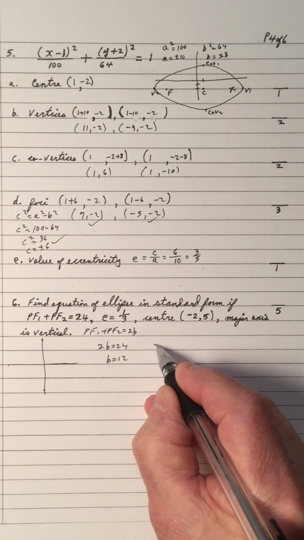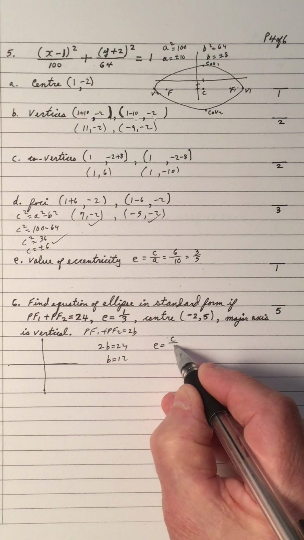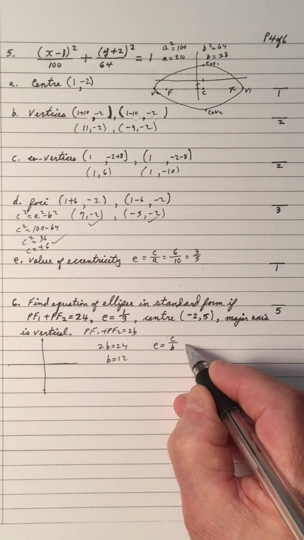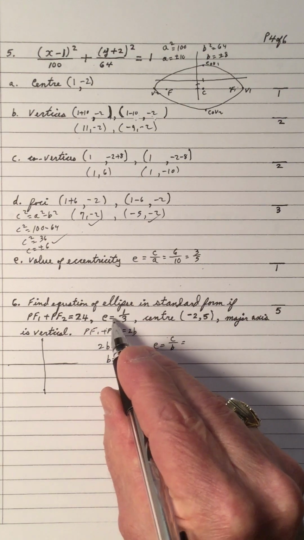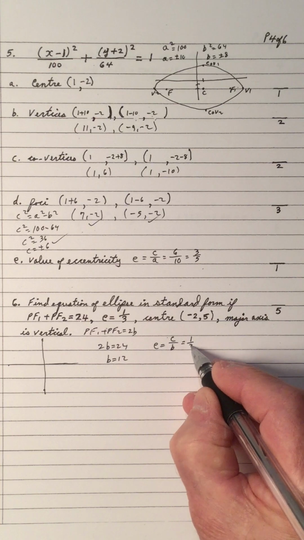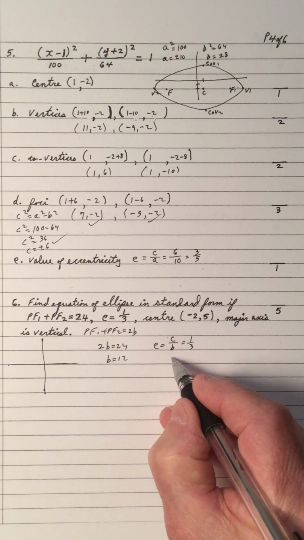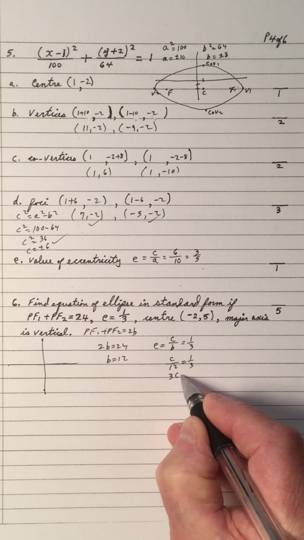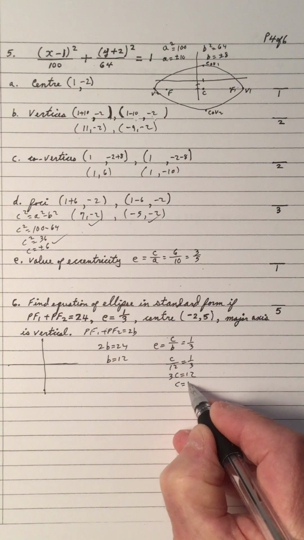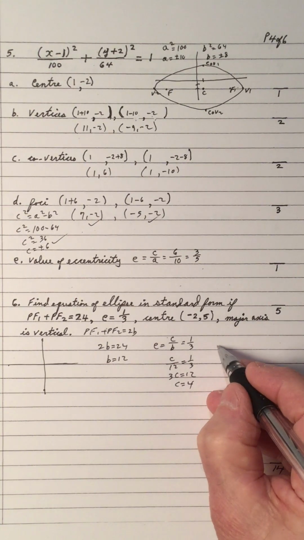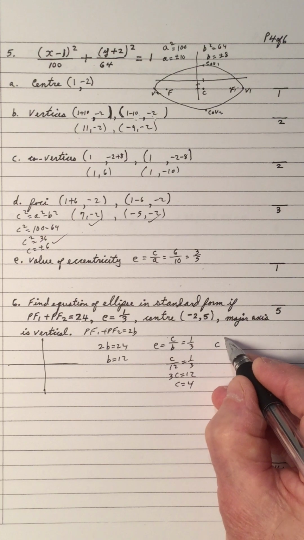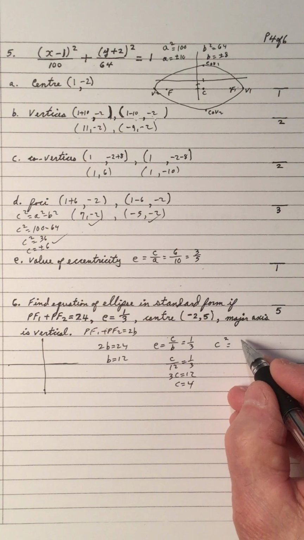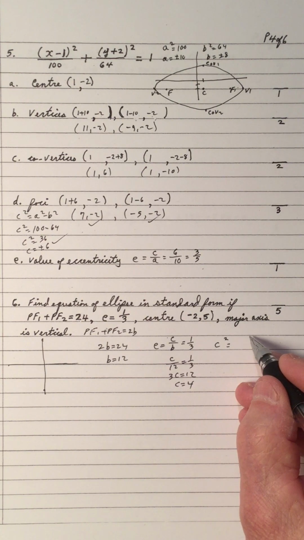Now the eccentricity is c over a or c over b. Because the major is vertical, this is c over b. And that means the eccentricity e is 1/3, and b is 12, so c over 12 equals 1/3. So 3c is 12, so c is 4. Now c squared is a squared minus b squared, or b squared minus a squared.